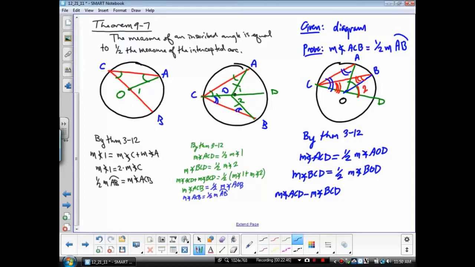Blue double marked angle minus the red triple marked angle is what I should be saying. Okay? Gives you angle ACB. And if I take ACD minus BCD in the equations, I get 1/2 of AOD minus BOD.